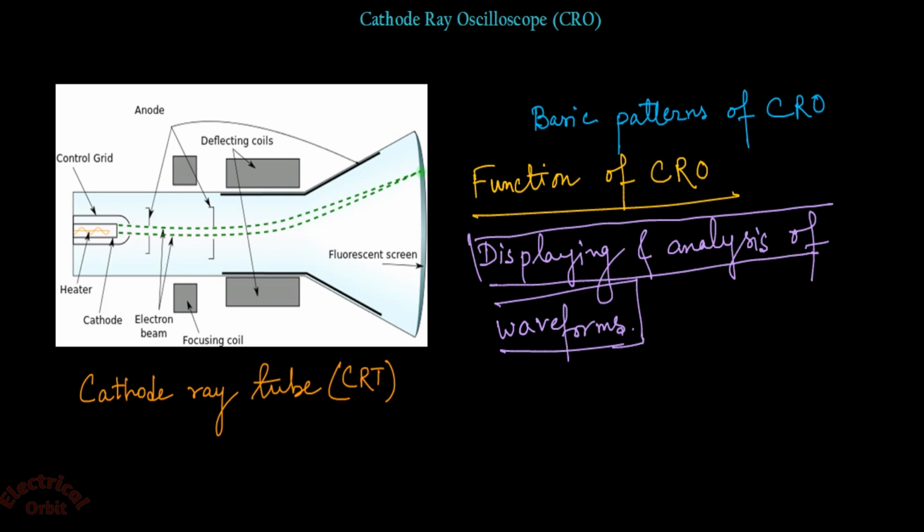In CRO, there is a very important part called the cathode ray tube or CRT, which has been shown in this diagram.